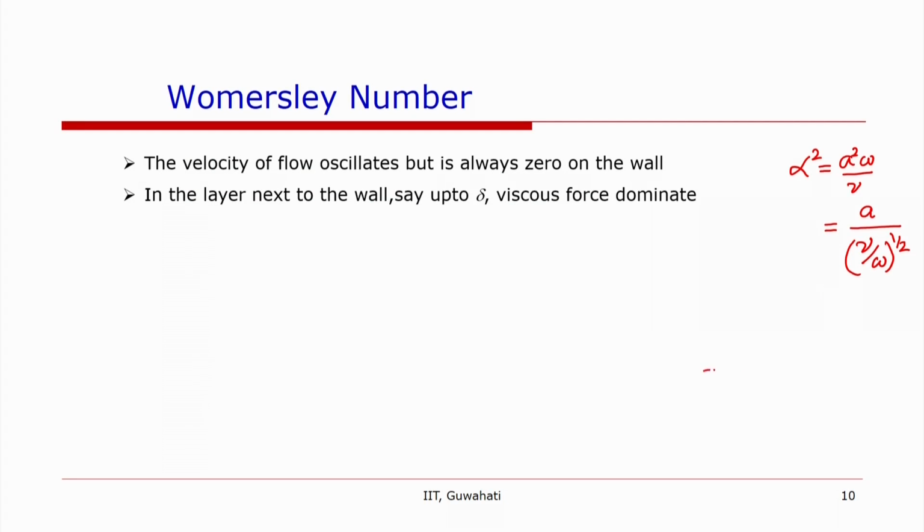If you have the channel here, after some distance from the wall, let us say this distance is delta, where viscous forces dominate, beyond this the velocity is oscillating and the transient inertial forces dominate, and that is where you see more change of transient effects.